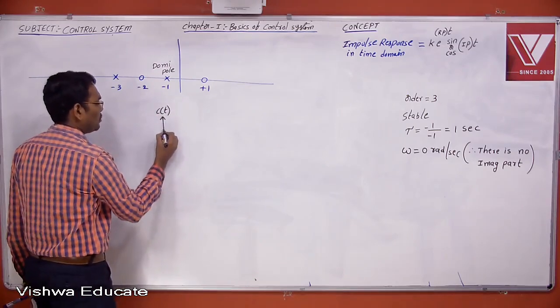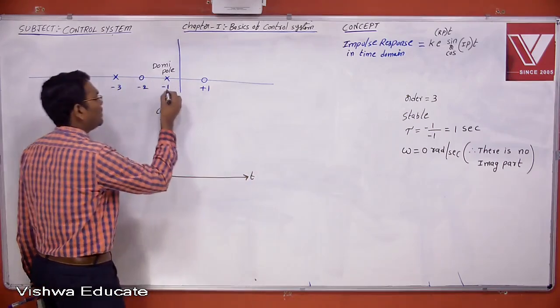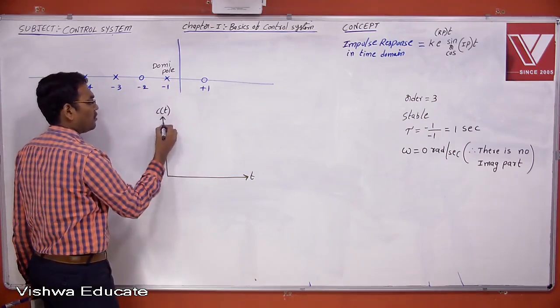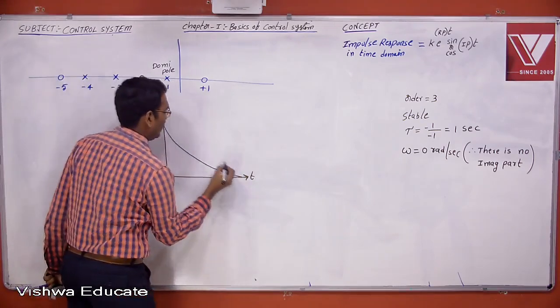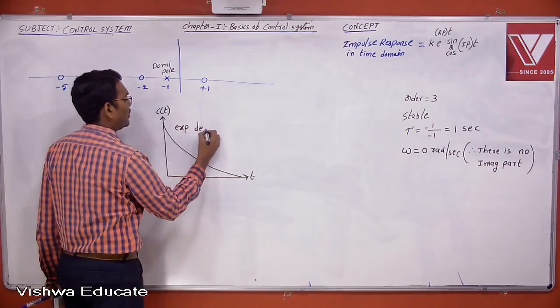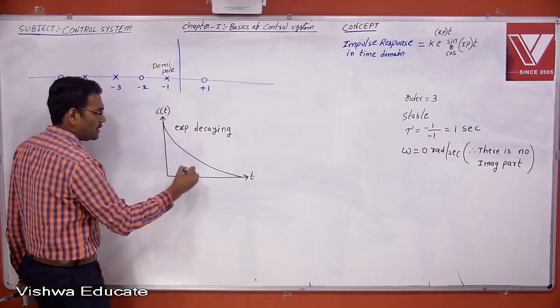What is the overall closed loop control system response? It is decided by the dominant pole. The dominant pole is on the negative real axis. Therefore, the response is exponentially decaying. Now, is there any oscillation in the response?